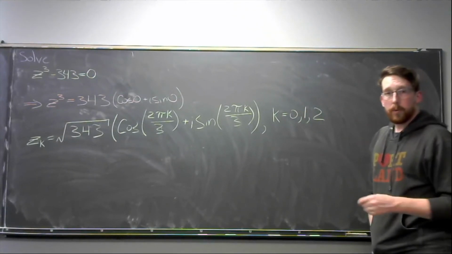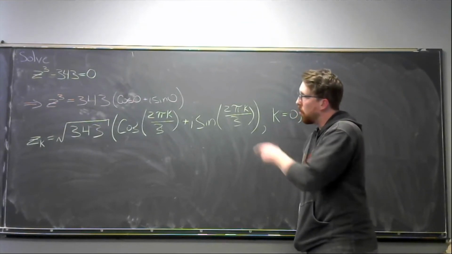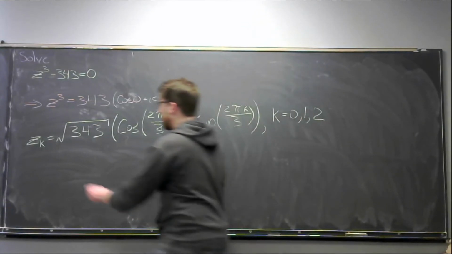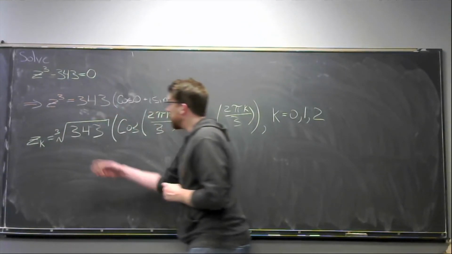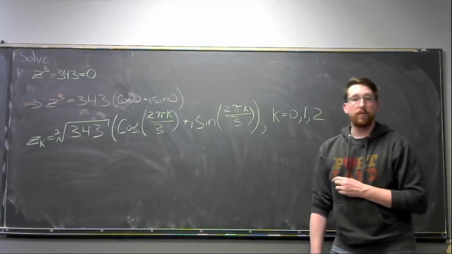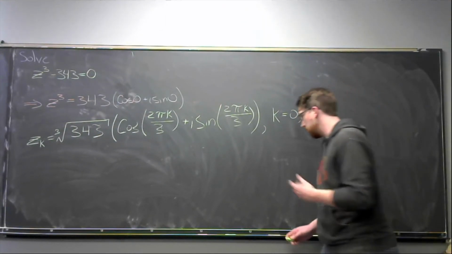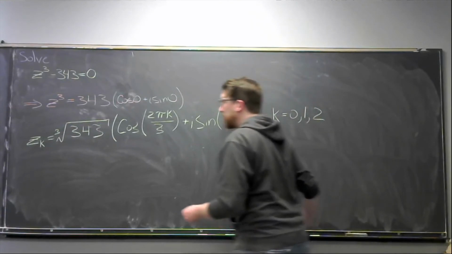Well, there's a reduction here. We can reduce the cubed root of 343. It comes out to be 7. So we can make this look a little bit nicer.